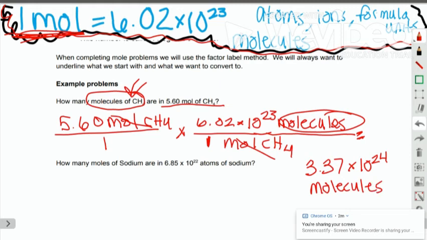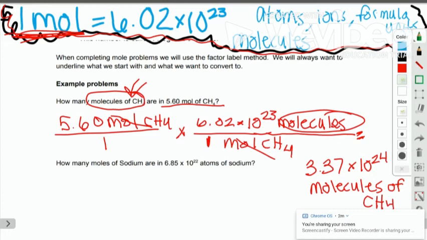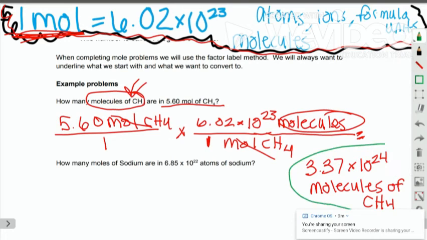I would circle what compound is with that, because it could be molecules of apples, molecules of anything. It's not just molecules of anything, it's molecules of CH4. So that right there would be your final answer for this problem. You started with moles and we converted that to molecules.